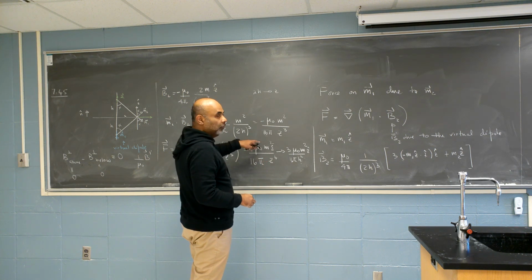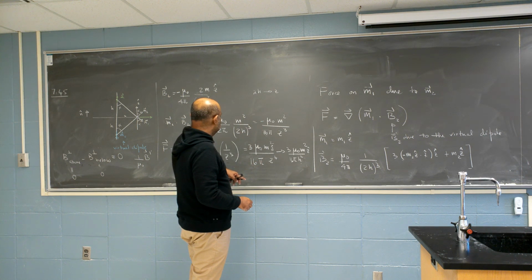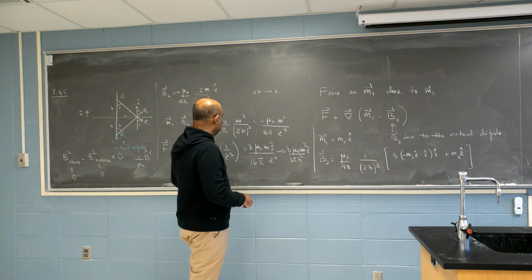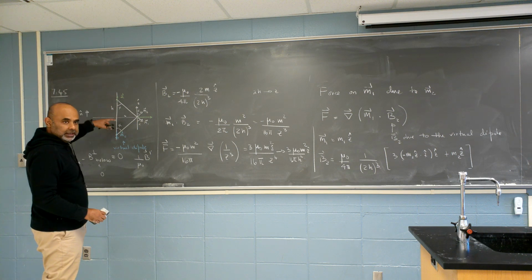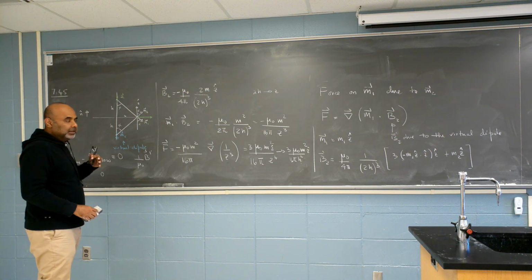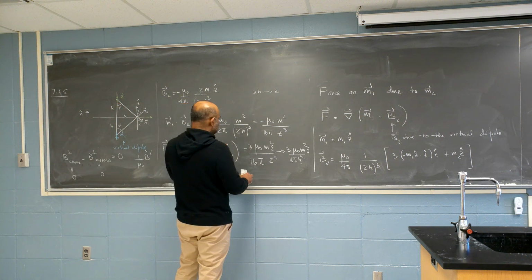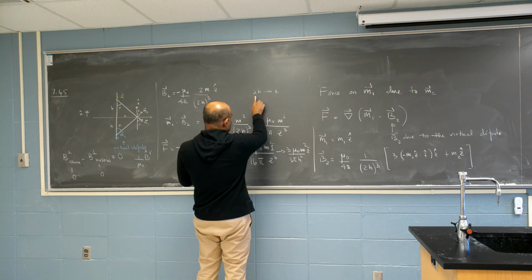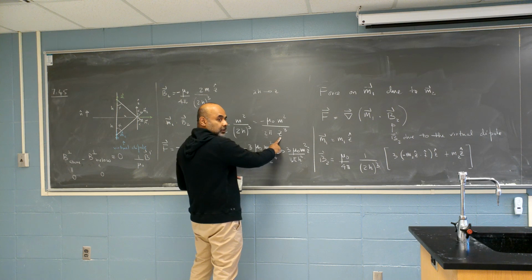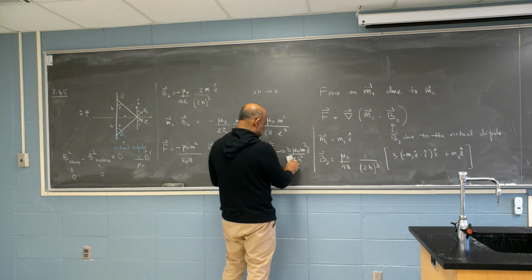But it's not actually z. So what I should really do, because the height between them, if I call it z, is actually 2h, and then at the end replace z with 2h. So if I did that, I don't know if that's the cure. So 2h is what I'm replacing z with. And then I take the derivative. I get 2 pi z to the 4th. And then I get 2 pi.